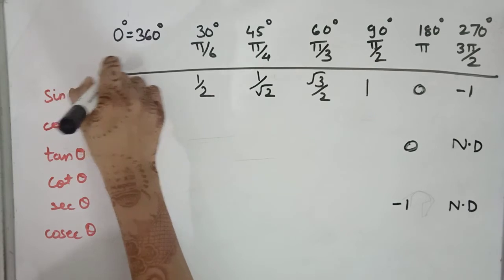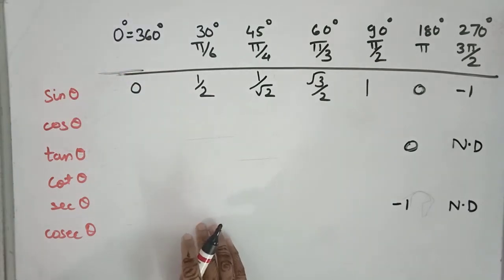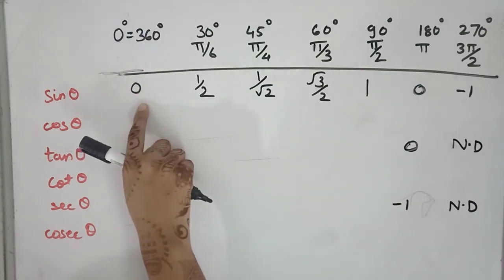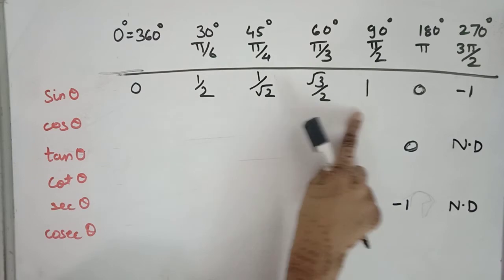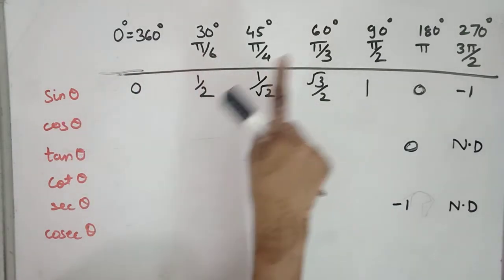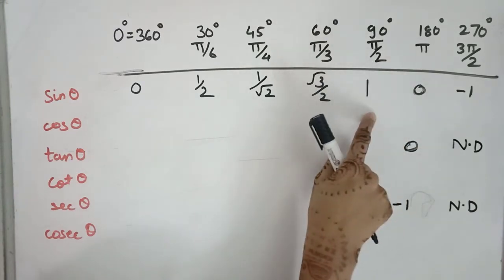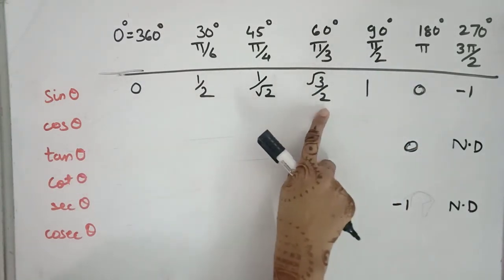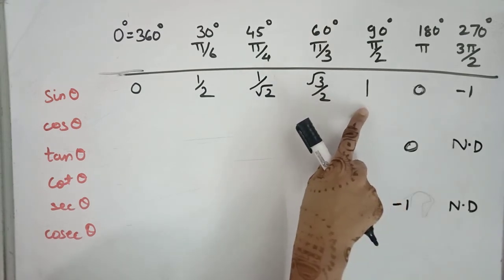Now this is the easiest way to remember a trigonometric table, which I am going to tell you. First, you only have to remember the sin theta's 5 values, that is sin 0, 30, 45, 60, 90, which is 0, 1 by 2, 1 upon root 2, root 3 upon 2 and 1.